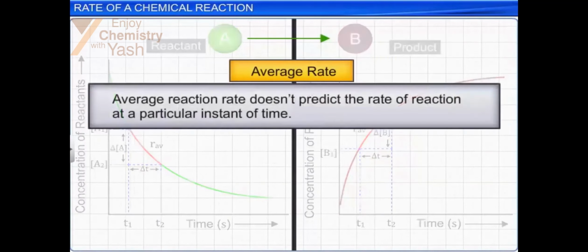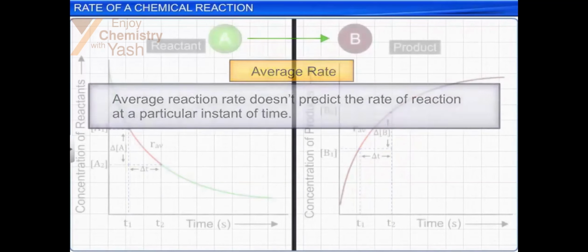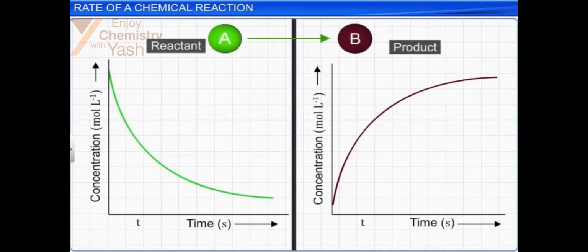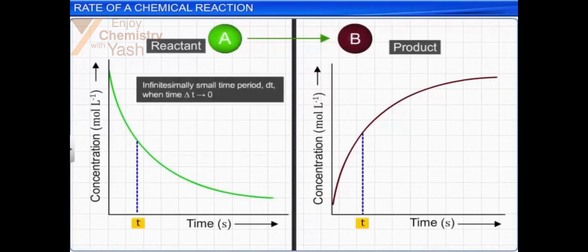However, the average reaction rate doesn't predict the rate of reaction at a particular instant of time. To predict the rate of reaction at a particular moment of time, we take an infinitesimally small time period, dt. That is, when time delta t approaches 0, and measure the change in the concentration of the reactant or product during this infinitesimally small time period.